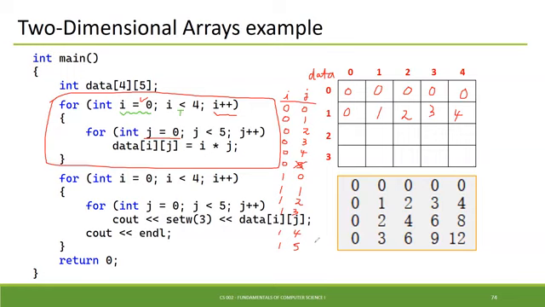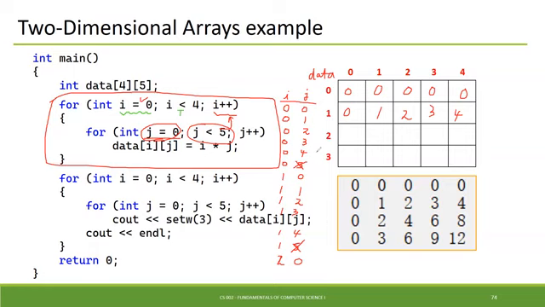And then when j becomes 5, it is false, j is less than 5. So go up, i is incremented by 1, so i becomes 2, and start all over again from here. j is 0 again. Do you understand?